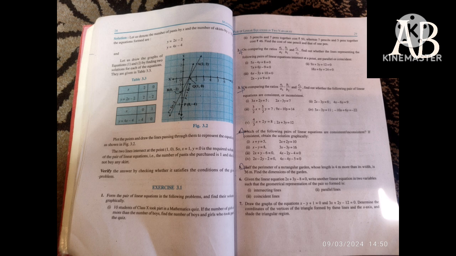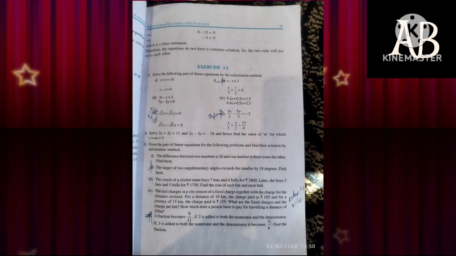I will go to exercise 3.1, which in old books is 3.2. You should do question number 2 and question number 3, because these are always asked in the MCQs. And question number 5 is the most important question in this exercise.